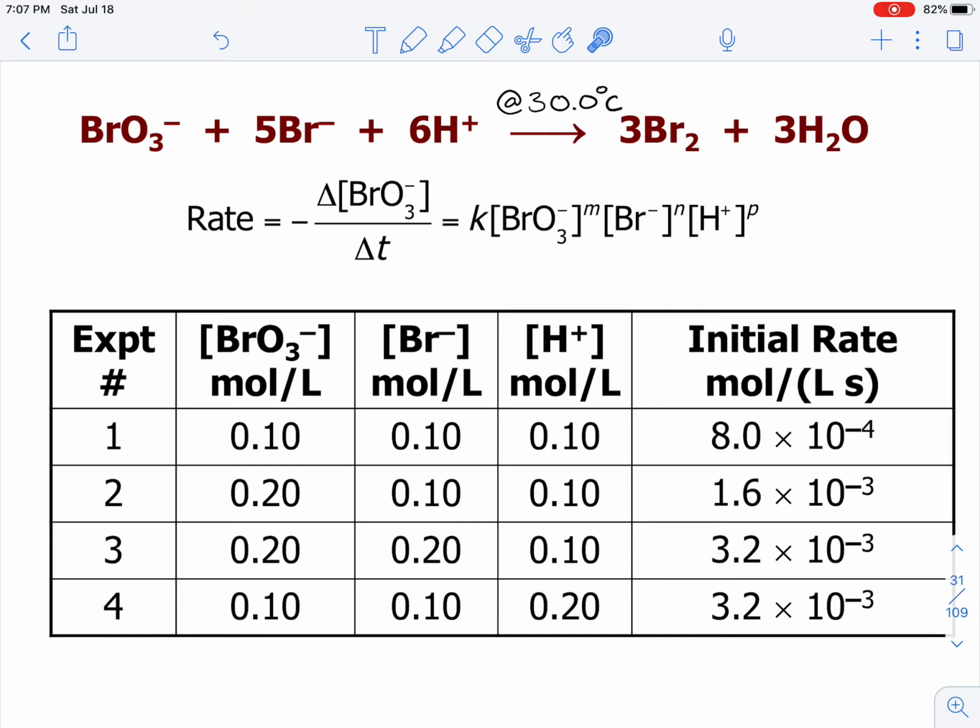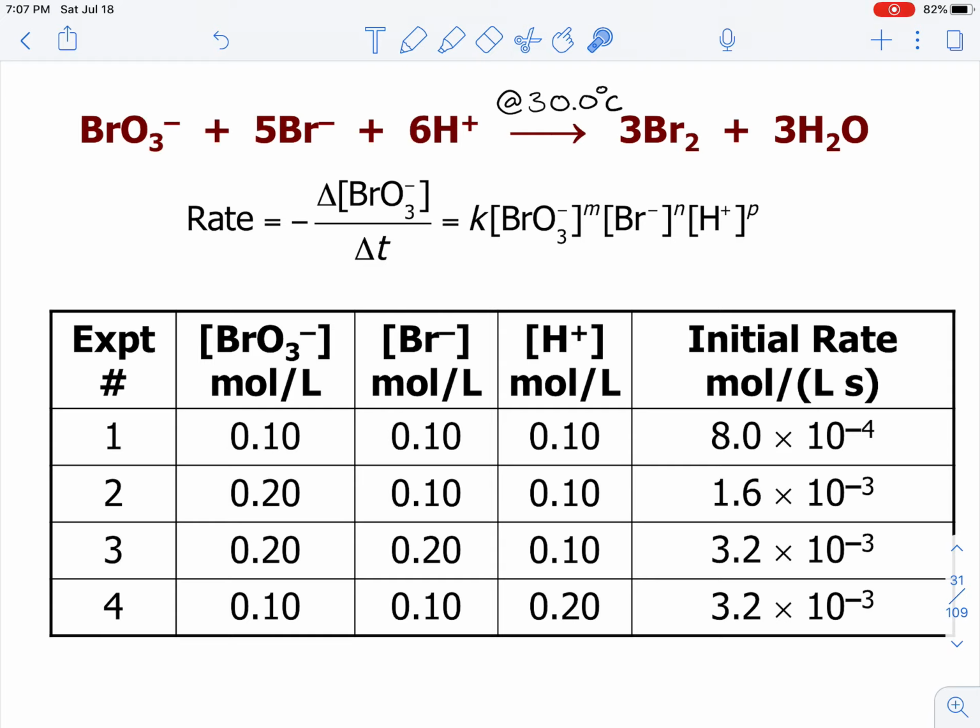Here we see three reactants: bromate ion reacting with 5 moles of bromide ion and 6 moles of hydrogen ion. The products for this chemical reaction are 3 moles of diatomic bromine and 3 moles of H2O, or water. The main point of this example is to determine the rate law based on the kinetic data that was collected from this chemical reaction at 30 degrees Celsius.